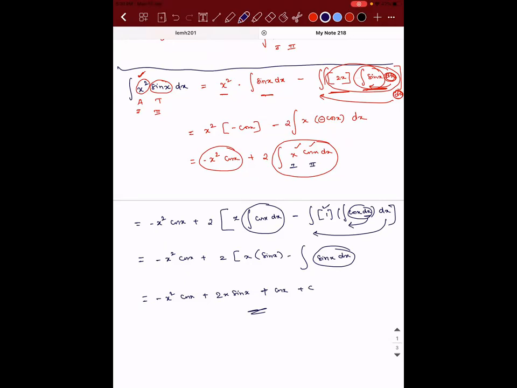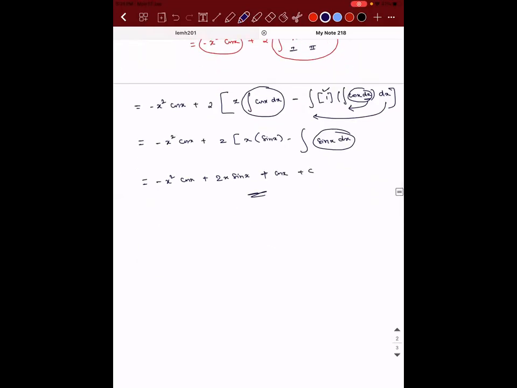Done? So now I have a question. I'll give you a simpler one. Integral of x cos x dx. Solve this.